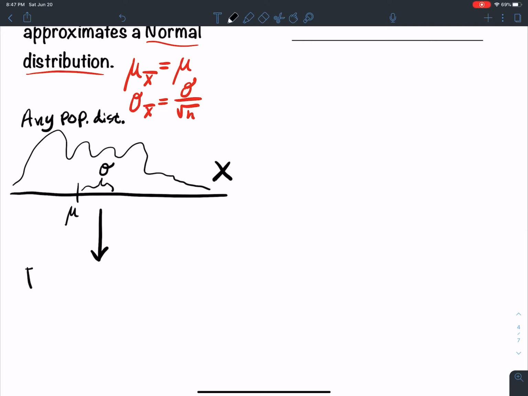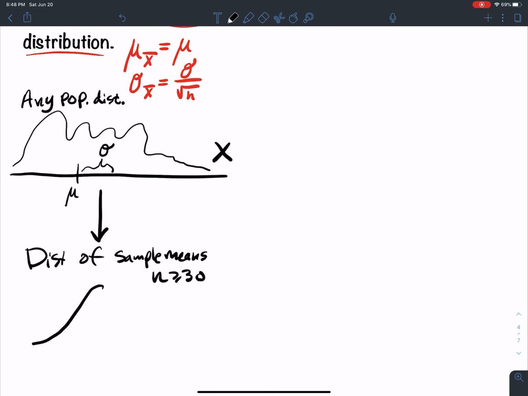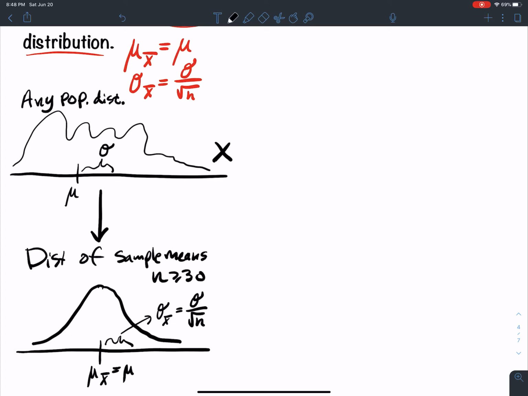Then the distribution of sample means, where n is greater than or equal to 30, is going to look like this. It's going to have a mean of sample means equal to mu and a standard deviation sigma sub x bar equal to sigma divided by the square root of n, where the values here are x bar, sample means.